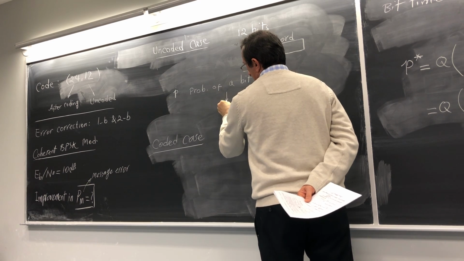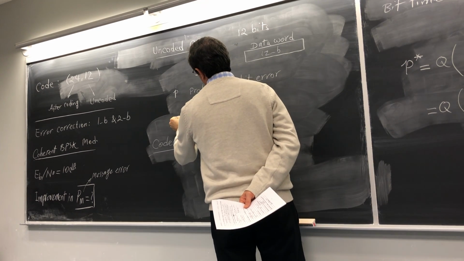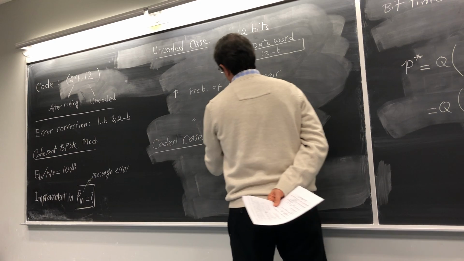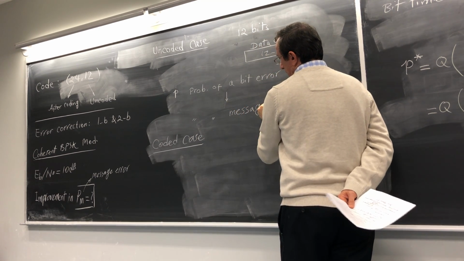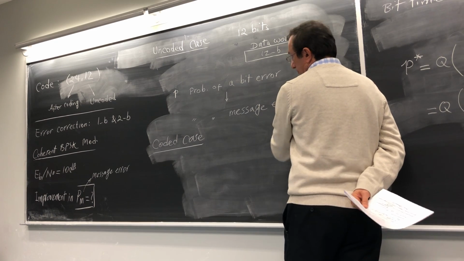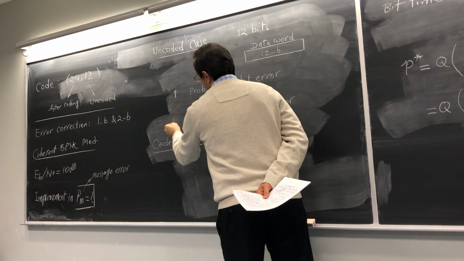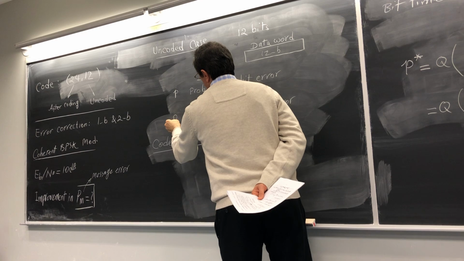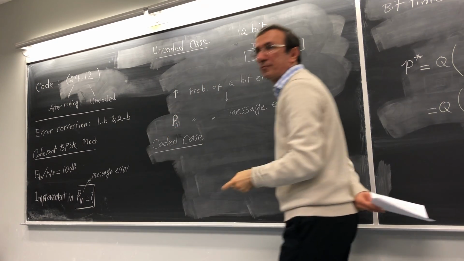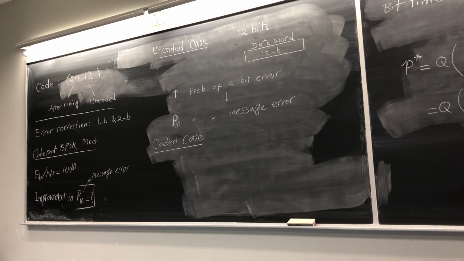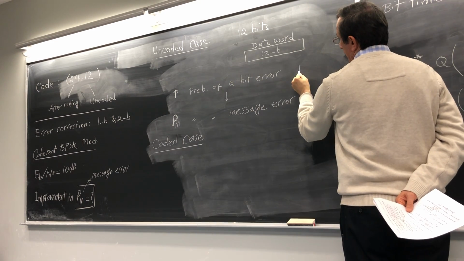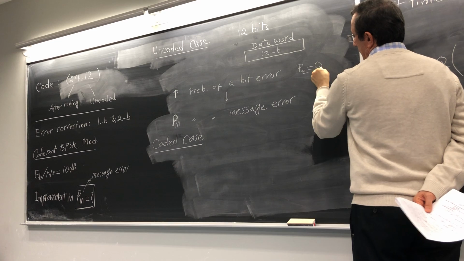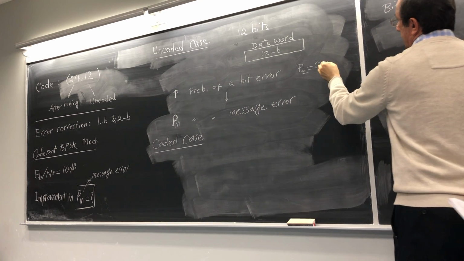Then we go after the probability of message error, P sub m. Right? Probability of a bit error is given by the Q function.